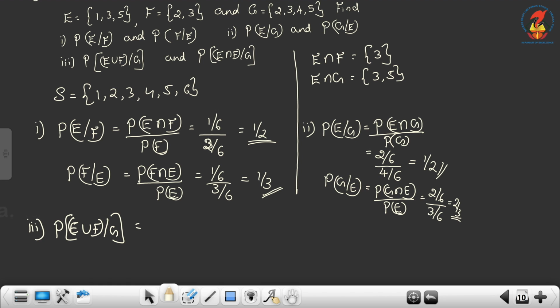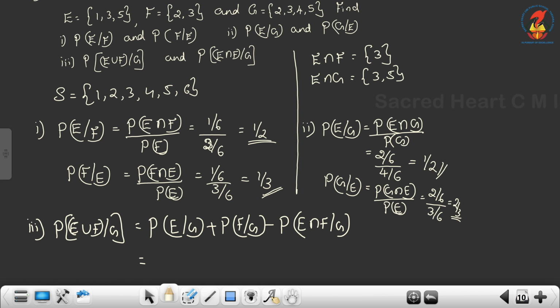P of E union F given G is P of E given G plus P of F given G minus P of E intersection F given G. Okay. E given G, that is here, E given G is 1 by 2. F given G is here? No. So we have to find. Okay. What is P of F given G?